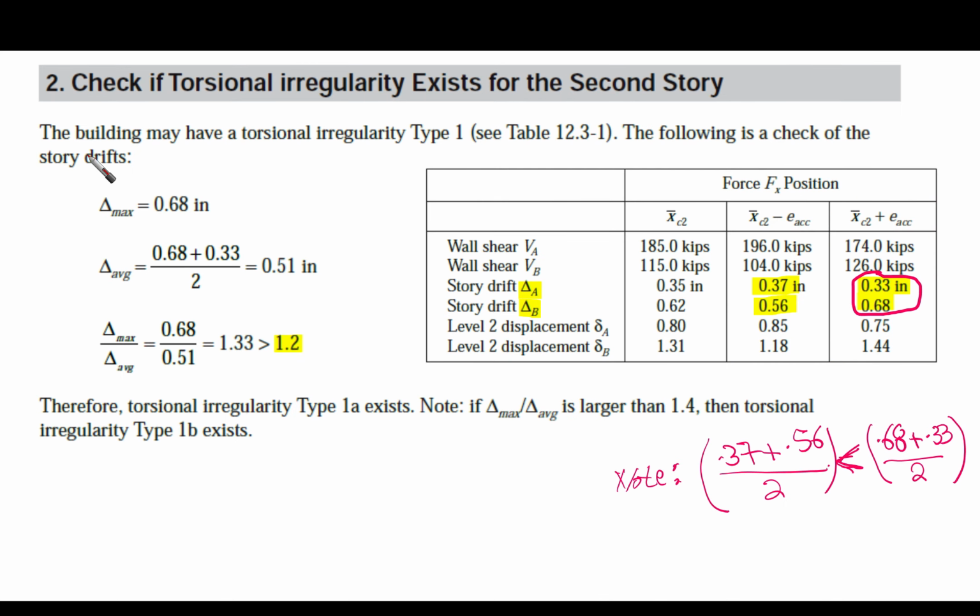Now let's go to the second requirement, which is to check if torsional irregularity exists for the second story.